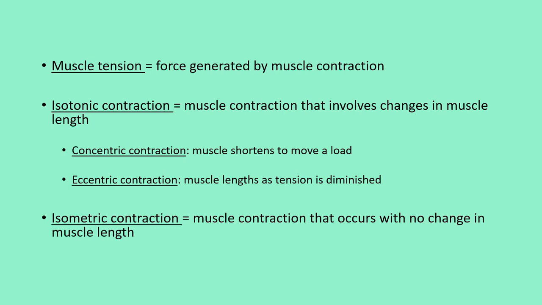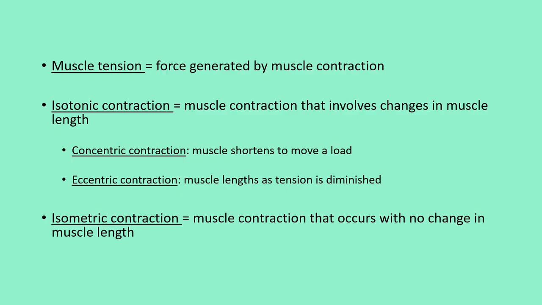Muscle tension is the term that we use referring to the force that's generated by the muscle contraction. You can have an isotonic contraction or you can have isometric contraction. Isotonic contraction is when the muscle contraction is going to involve a change in the muscle length.